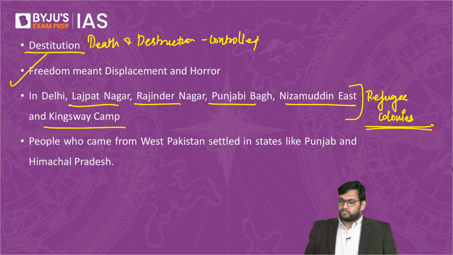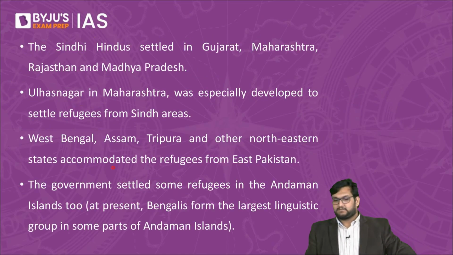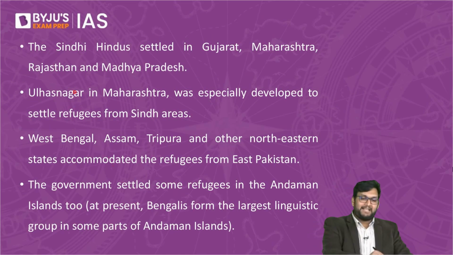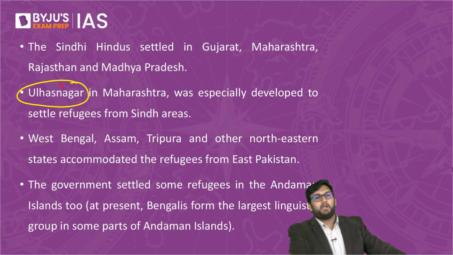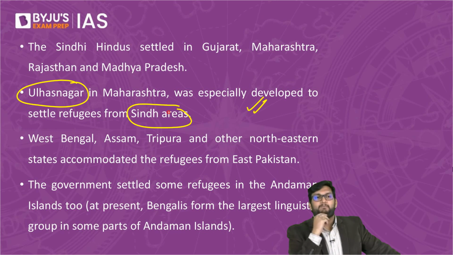A lot of people were also rehabilitated in Punjab and Himachal Pradesh. But the most interesting case is Ulhasnagar in Maharashtra, where a whole city was developed for the refugees who came from the Sindh area. Sindhi Hindus came to Gujarat, Maharashtra, Rajasthan, Madhya Pradesh.